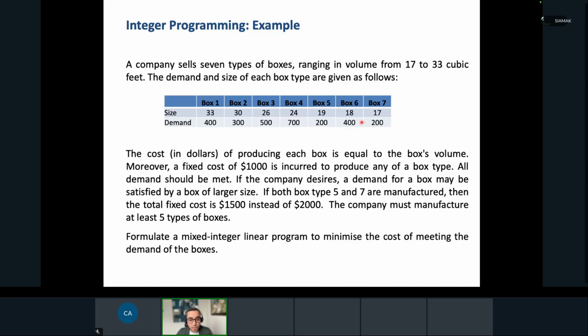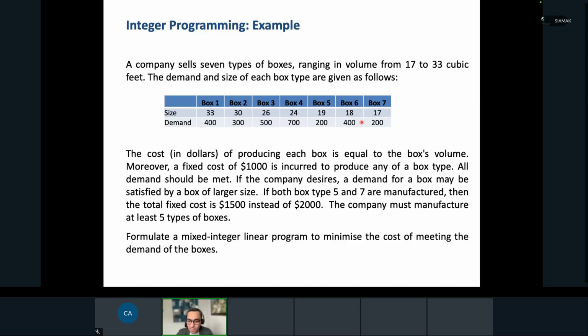But why should it be something that we can look into? Why should it be something that we may practice? We say that, oh, there is a demand for box 5. We know that its price is 90, but we decide to satisfy the demand of box 5 by box 4, because box 4 is larger, so it is possible to do that.